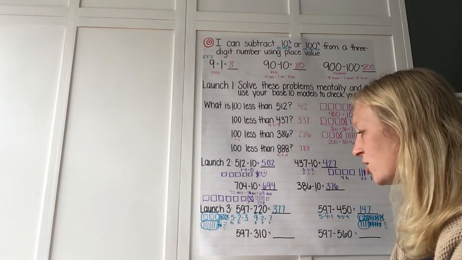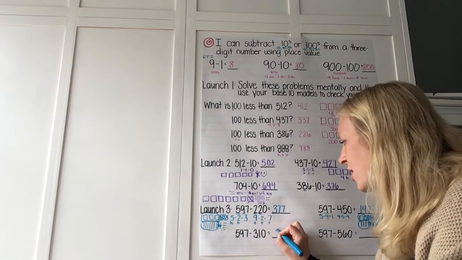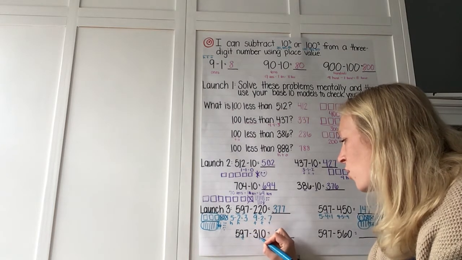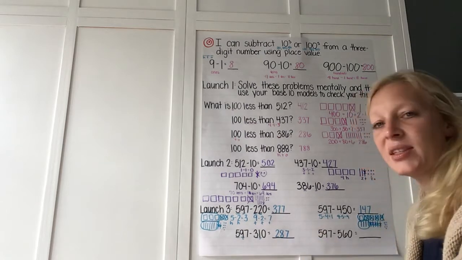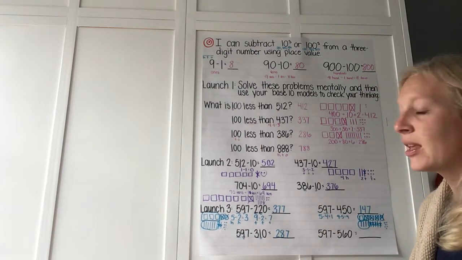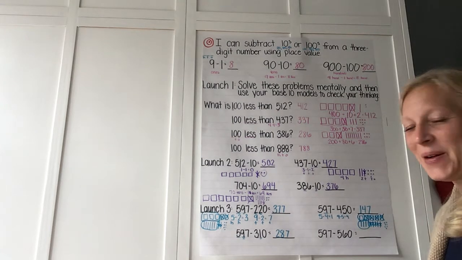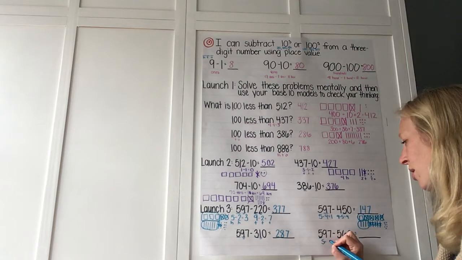What about these 2? 5 take away 3 is 2. 9 take away 1 is 8. 7 take away 0 is 7. And what about this last one, my friends? Ooh, what do you notice? 5 take away 5 is 0.